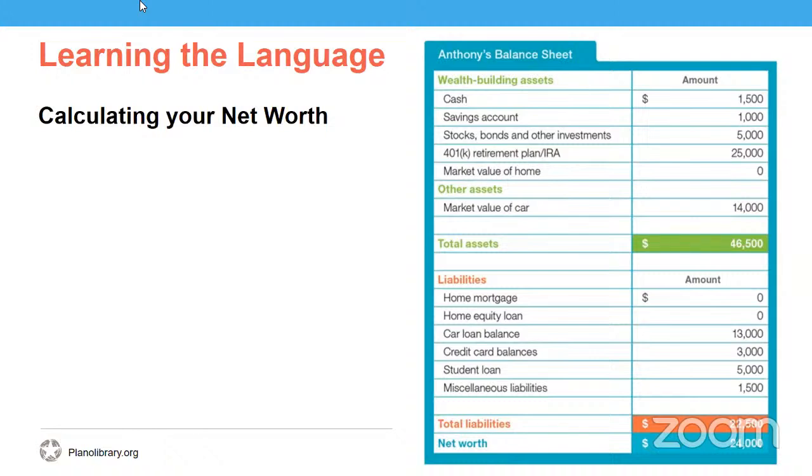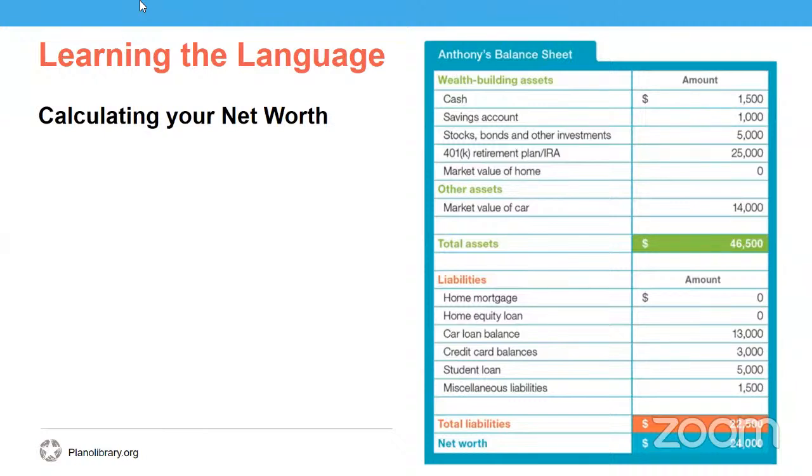To calculate his net worth, Anthony takes his assets at $46,500, and he subtracts the $22,500, his debts, from his assets, and that gives his net worth total. So his real net worth, his total wealth, is $24,000.